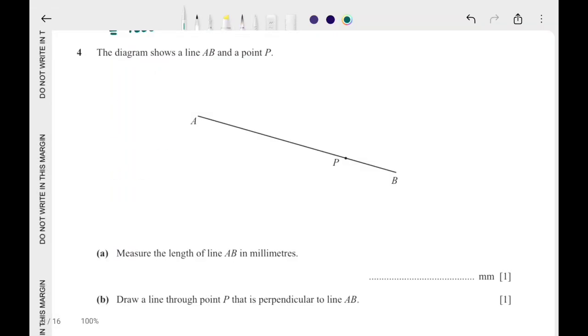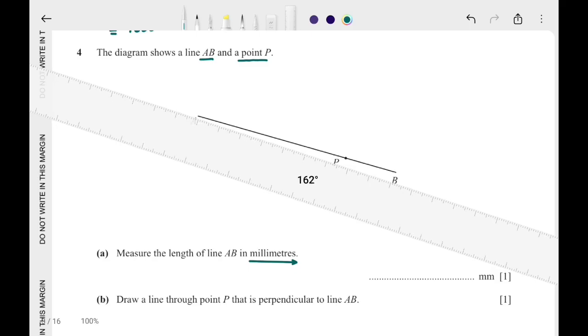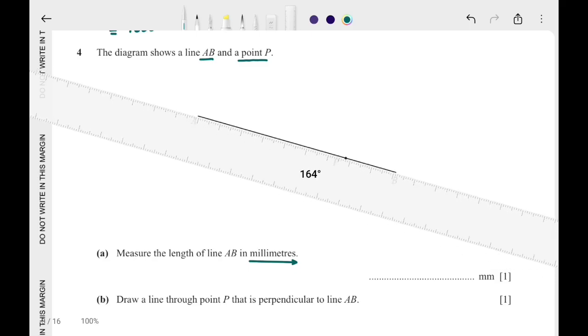The diagram shows a line AB and a point P. Measure the length of line AB in millimeters. So we'll take help of the scale. So let us start with 0, 1, 2, 3, 4, 5, 6, 7, 8, 9, and this is 9.2 actually.